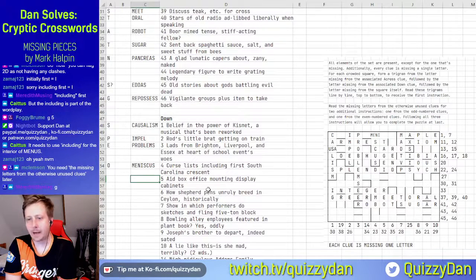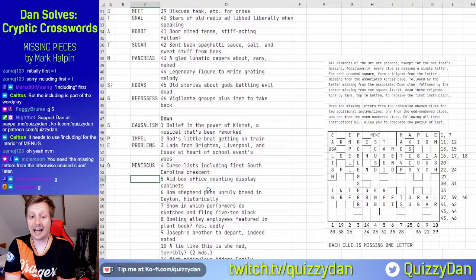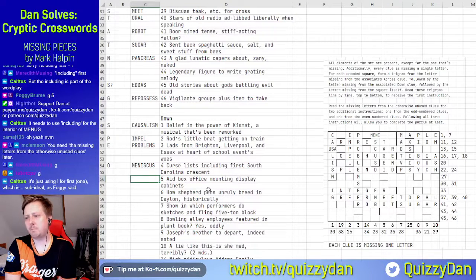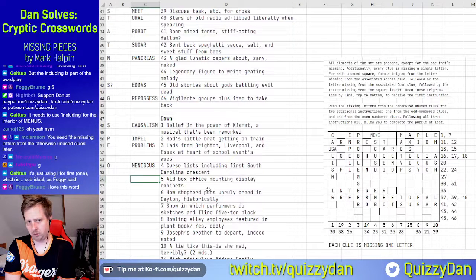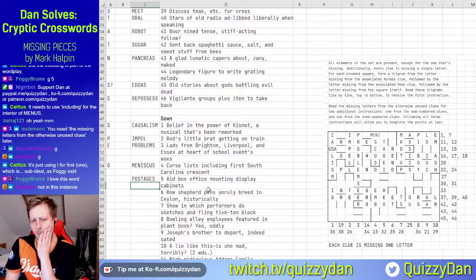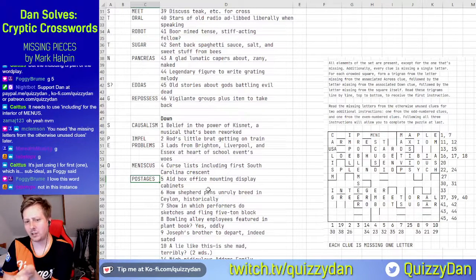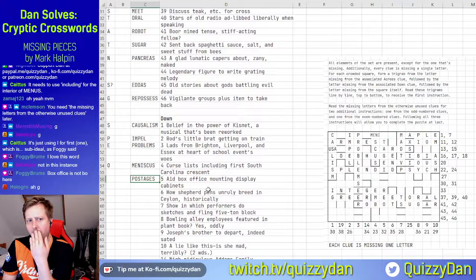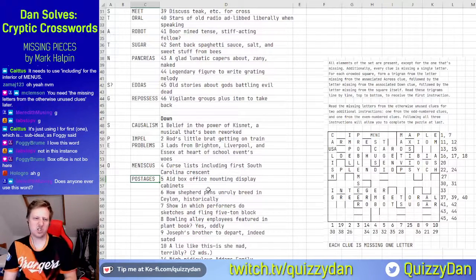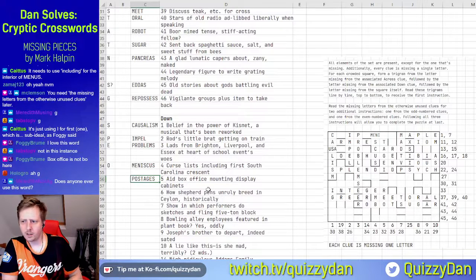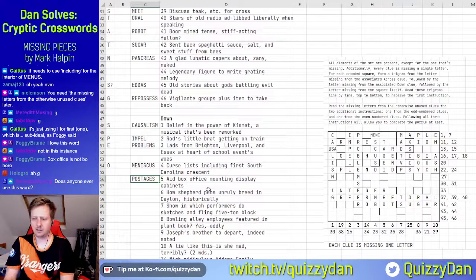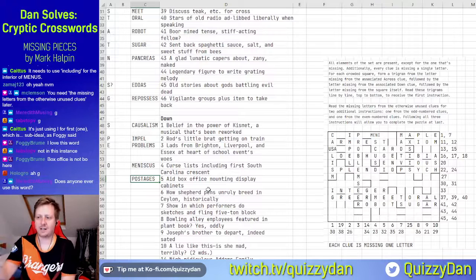Aid could be paid, or laid, or arid. Box office is BO, yes? And then mounting display cabinets. Postages? Display cabinet is a stage, maybe? Can't be postages, I don't think. The only thing that pops up is etages or something.